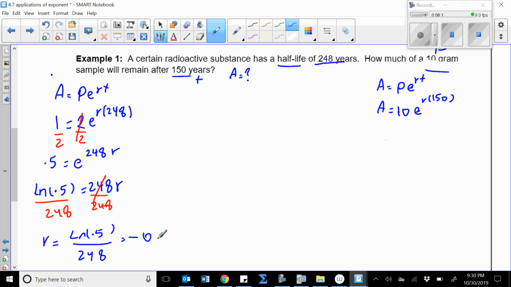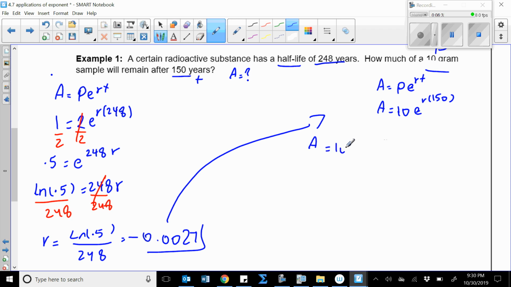So negative 0.0027, that's the value of r. Now I'm going to use this r in this equation over here and solve for A. So A will be equal to 10 times e to the power of negative 0.0027 times 150.